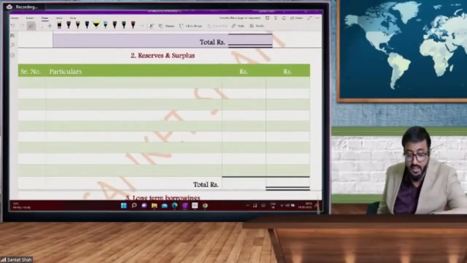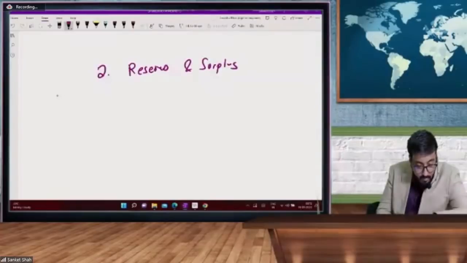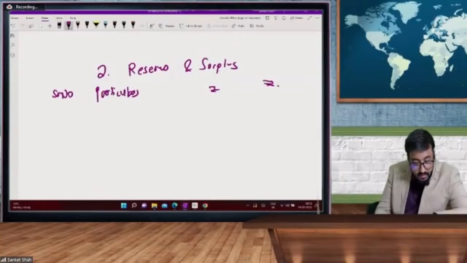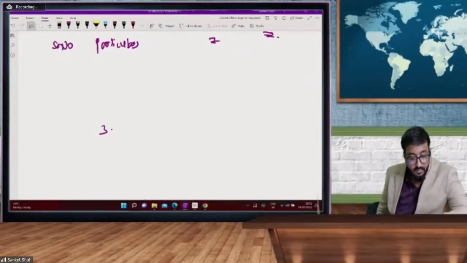Then reserves and surplus. Serial number, particulars, rupees, rupees. Inner column please, there is also appropriation. 8 lines.